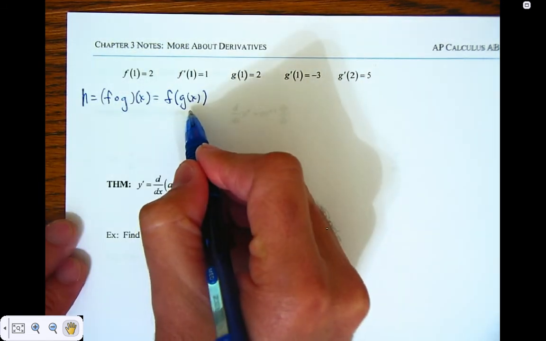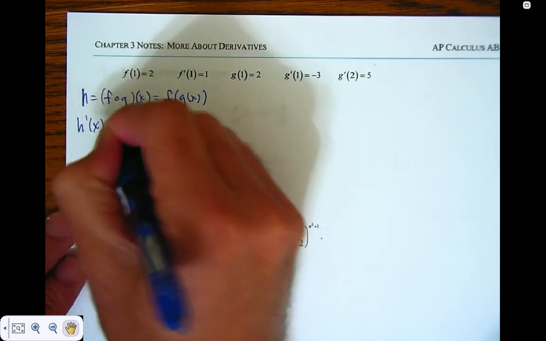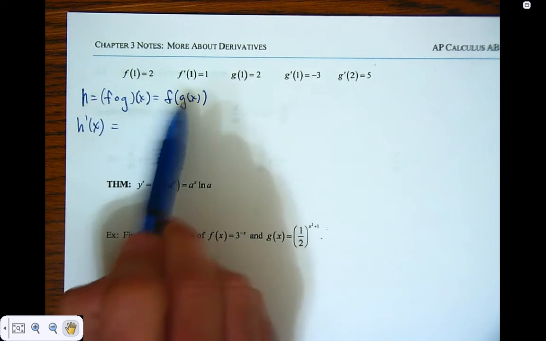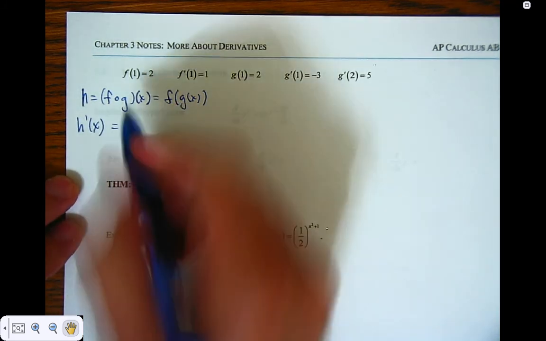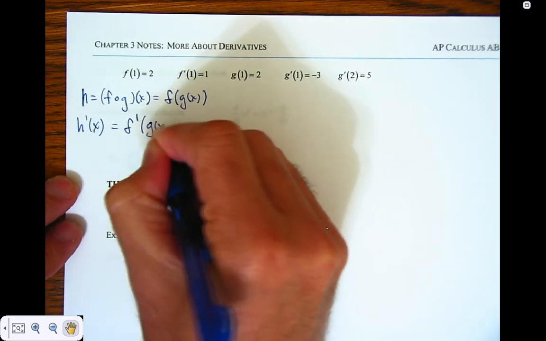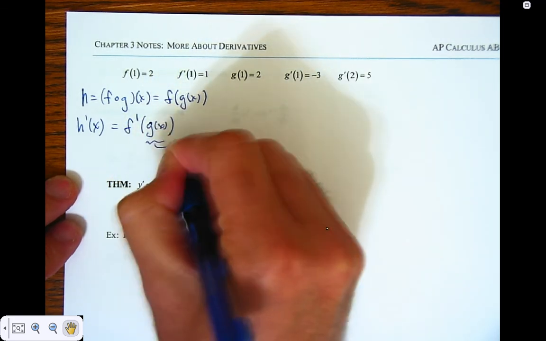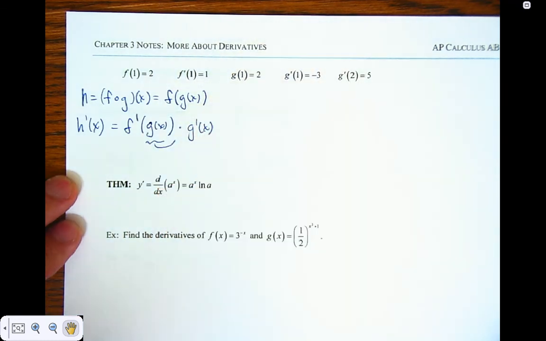Okay, find h prime of 1. Well, let's find h prime of x. So h is equal to this guy. This is just the definition of the chain rule, which says take the derivative of the f function of the stuff times the derivative of the stuff, which is g prime.